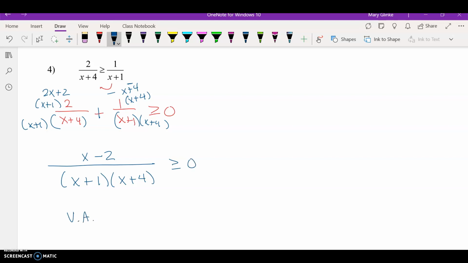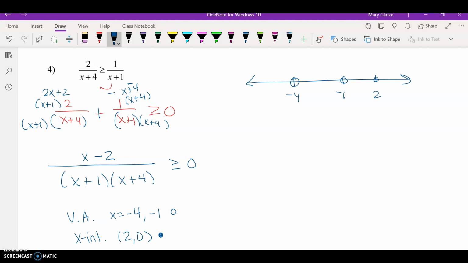which means our vertical asymptotes are going to be at -4 and -1, and our x-intercept is going to be at 2, 0. That one's a filled-in circle. The other ones are open circles. And now we can do our sign analysis, and we're going to do that from our simplified fraction.